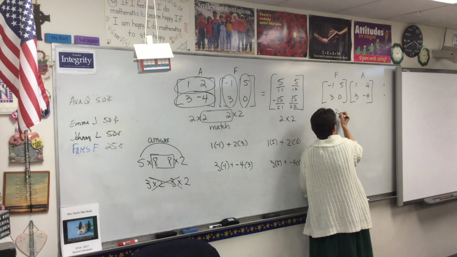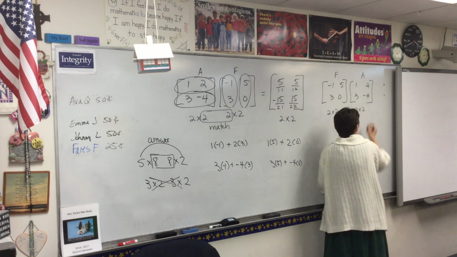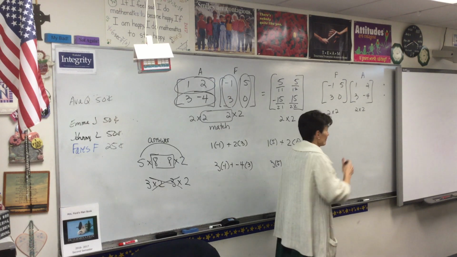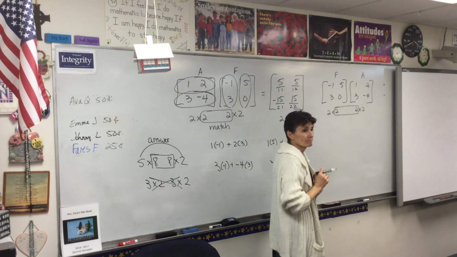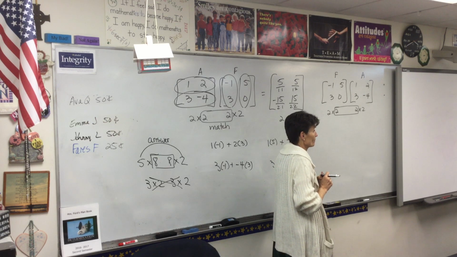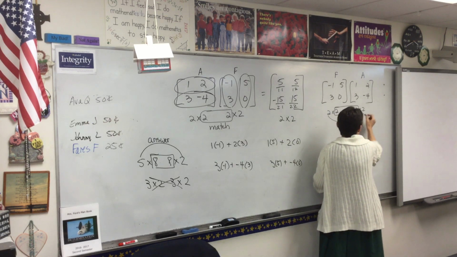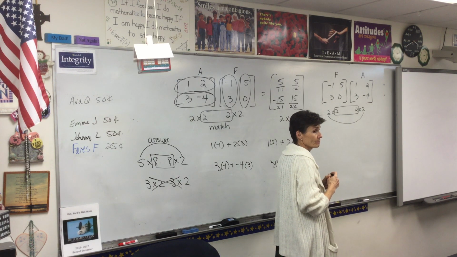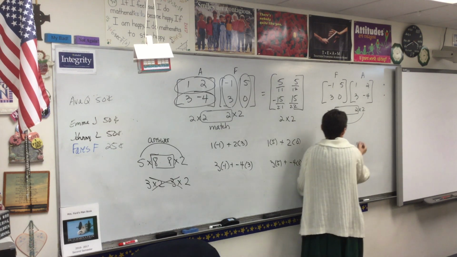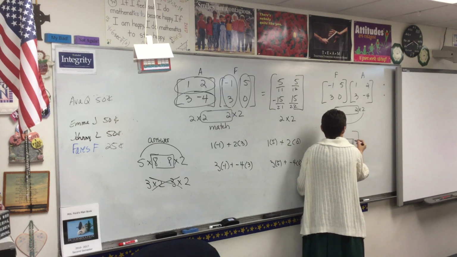This is a 2 by 2, this is a 2 by 2. What's our rule? These gotta match. They do. So then these are the answer, so it's got to be another 2 by 2.